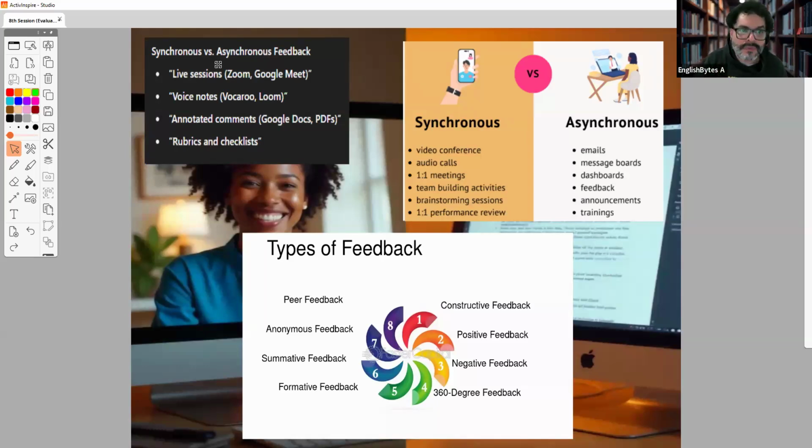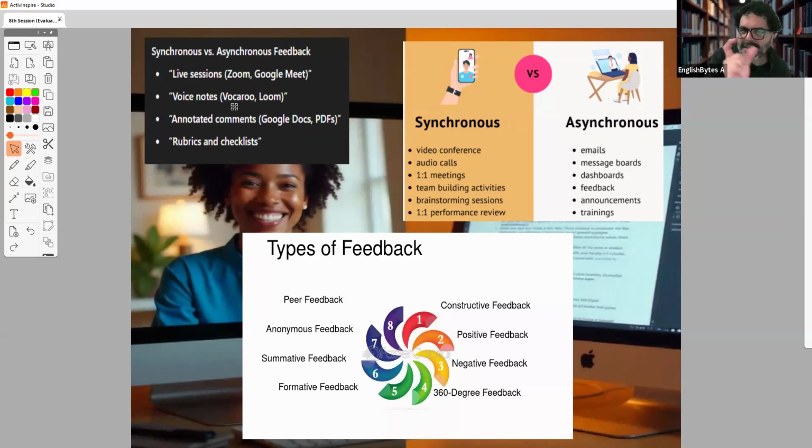Voice notes, Vocaroo. I don't know if you forgot about it, but Vocaroo is really cool. I used to use it with my little children when I was teaching at some schools in Uruguay, and they just recorded voice notes in Vocaroo.